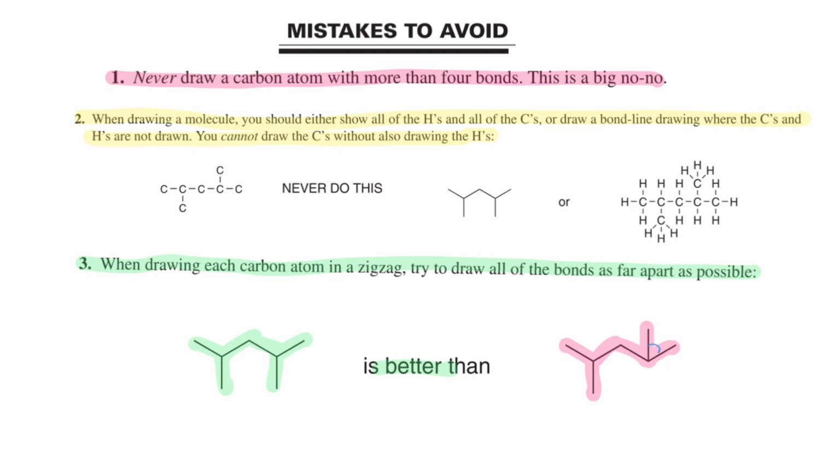This angle is much smaller than this angle. Therefore, the first is a better representation than this given structure, because the bonds are very close in this molecule. Here the bonds are as far away as possible.